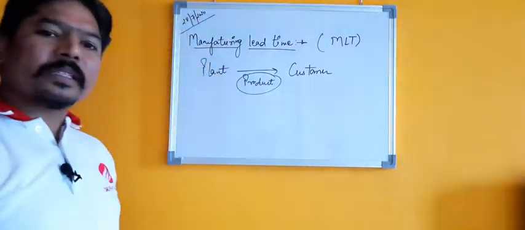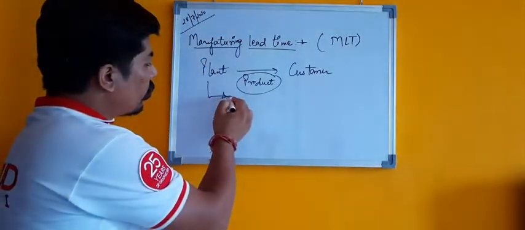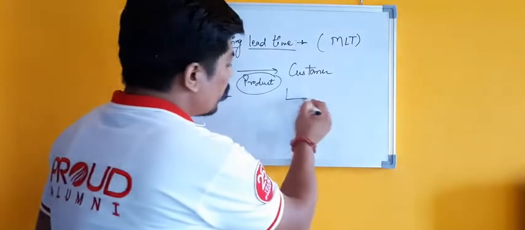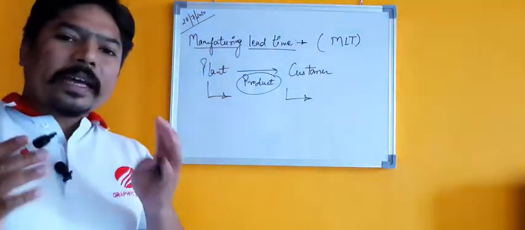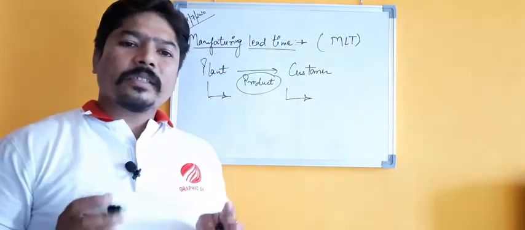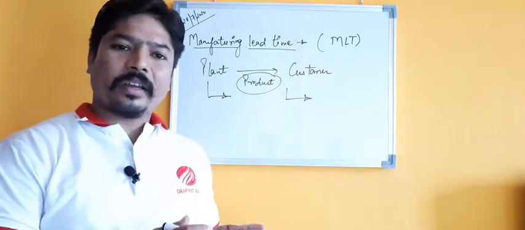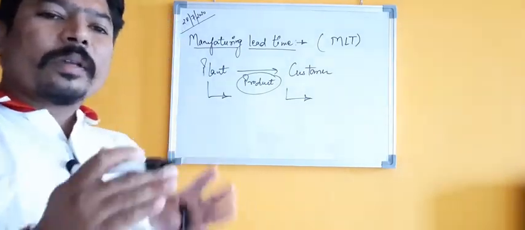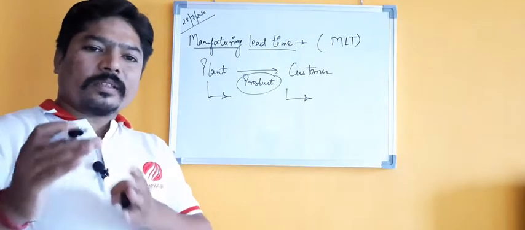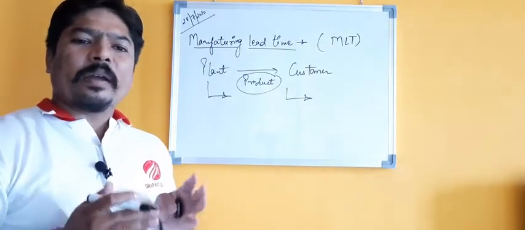So from the starting of your plant up to your customer, the whole time which is required from initiation of that particular part or component in the factory up to the delivery of the component or part to the customer, that time is called manufacturing lead time.